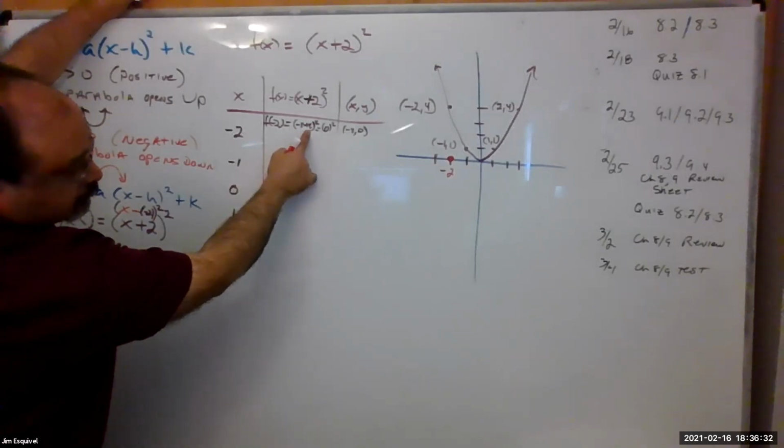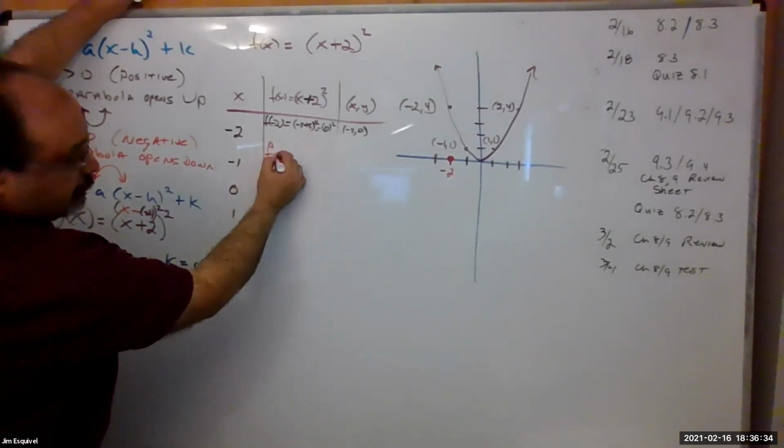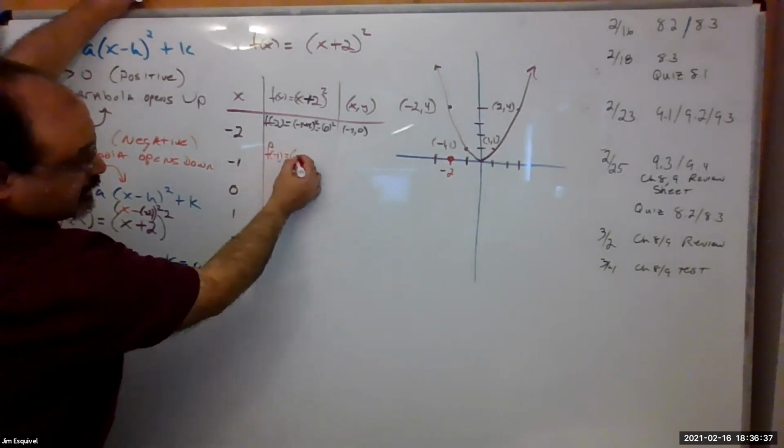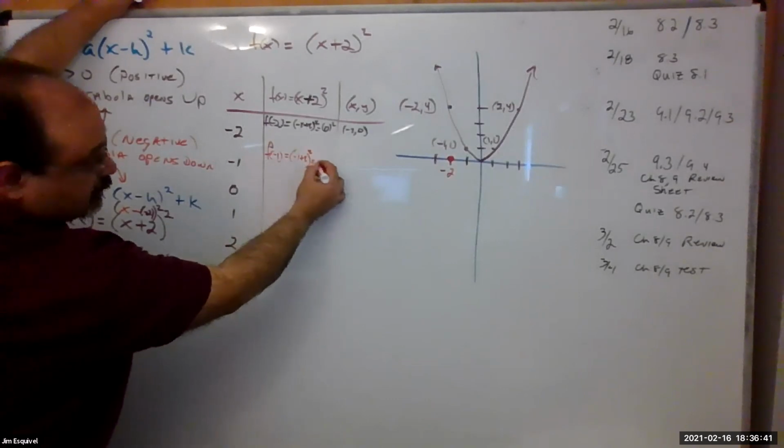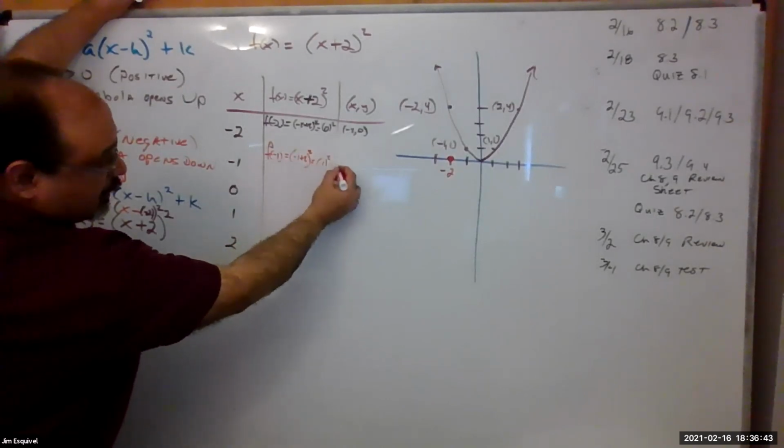Then we plug in negative 1. So that's negative 1 plus 2 squared, which is equal to positive 1 squared, and that's a 1.